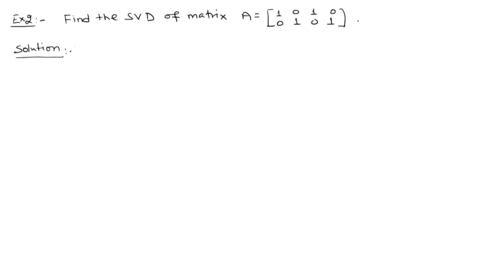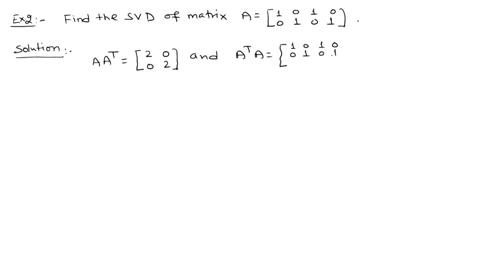So, let us solve this. Here A into A transpose will become a 2 by 2 matrix, 2 0 0 2, and A transpose A will become 1 0 1 0, 0 1 0 1, 1 0 1 0, and then 0 1 0 1.